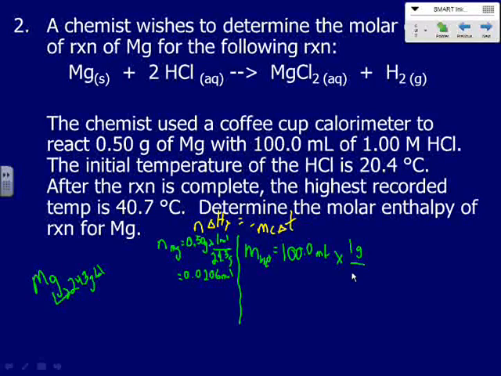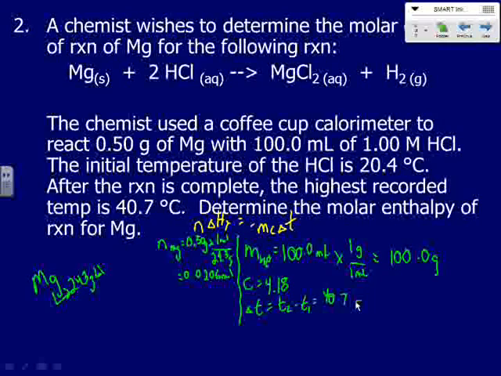We need to make the assumption that it is a density of 1, so we have 100 grams of water, c 4.18. Again, an assumption. Delta T, T2 minus T1. It heated up to 40.7 degrees, minus, started at 20.4, and that gives us a delta T of 20.3 degrees Celsius.